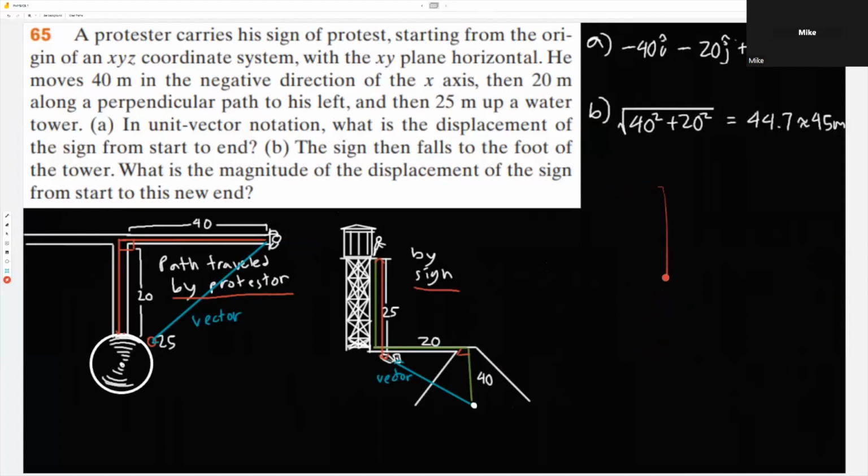From the origin. He moves 40 meters in a negative direction, then 20 meters to his left, and then 25 meters up a water tower. Okay.